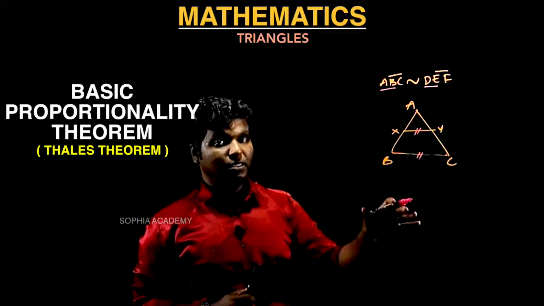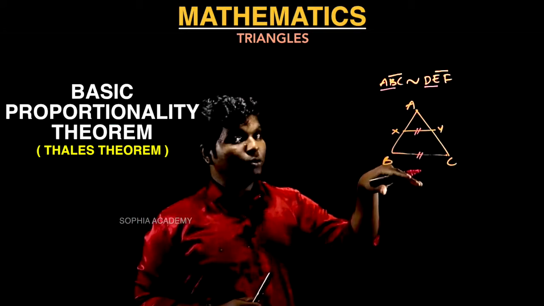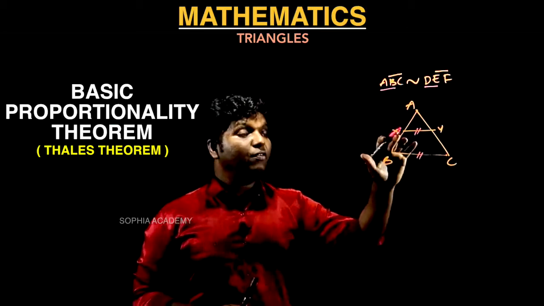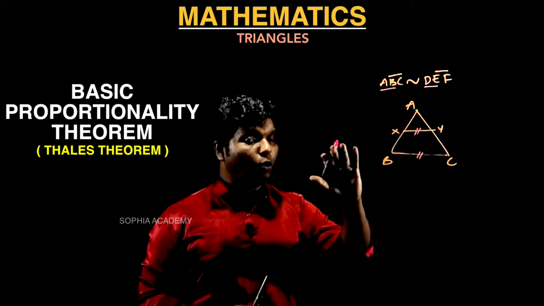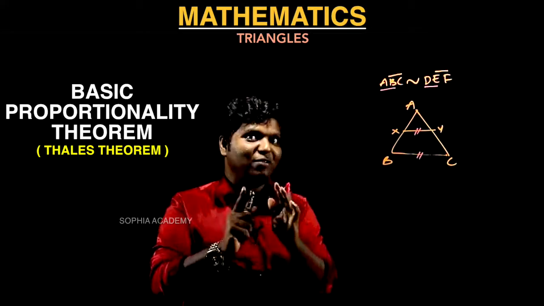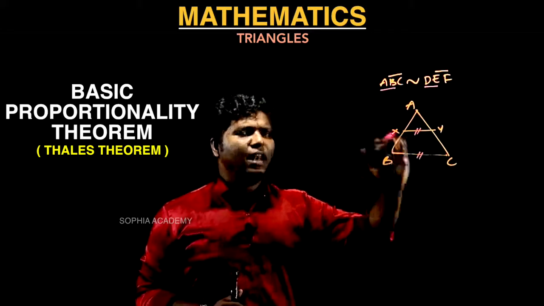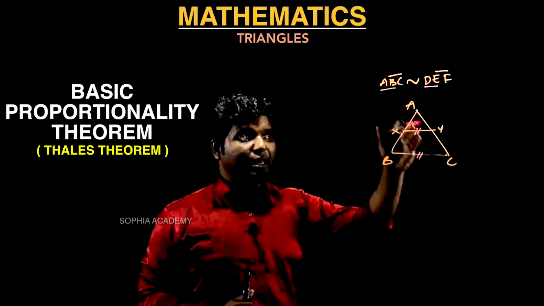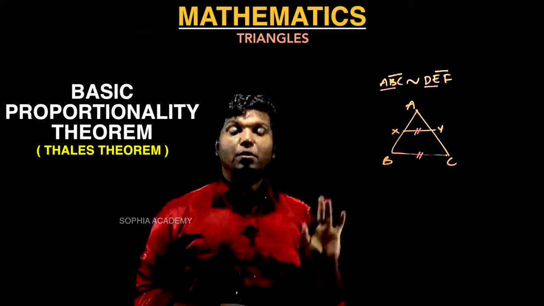They are parallel to each other, meaning the line is parallel to the base. Even if I draw it almost at the center, don't think that this is the midpoint. It may or may not be. That is not the relevant condition. The condition is that the line which cuts AB and AC should be parallel to the base.